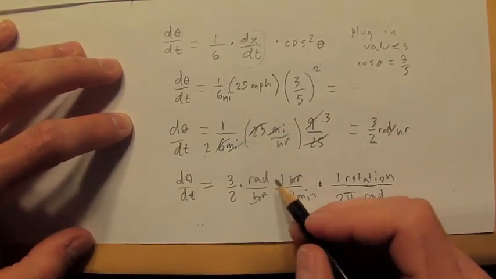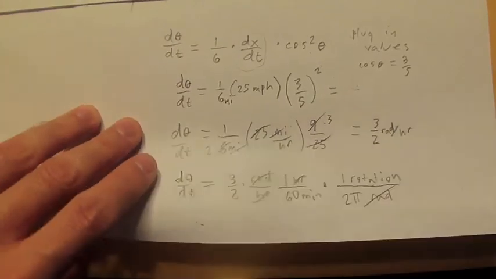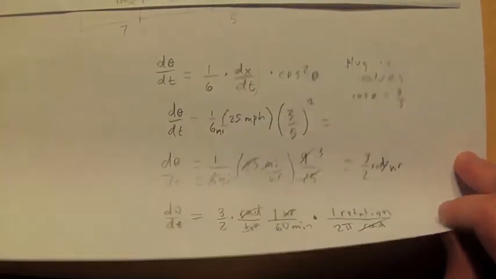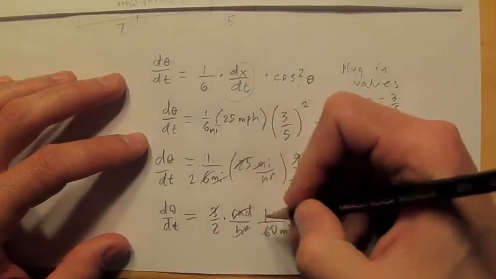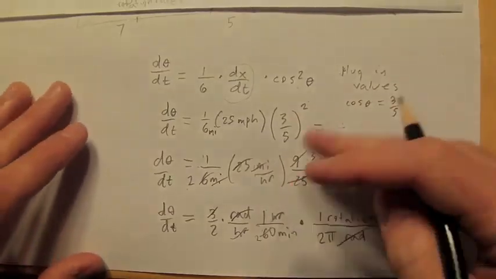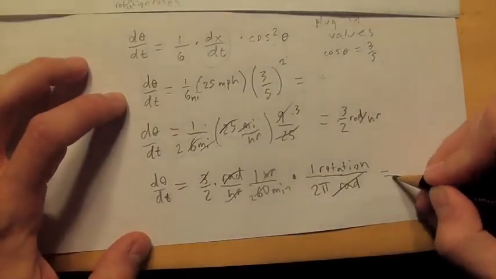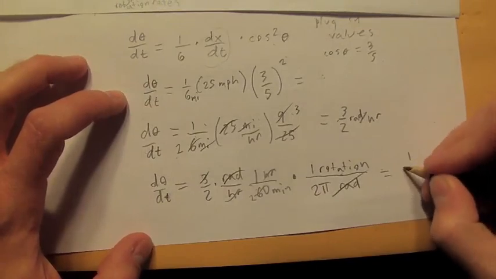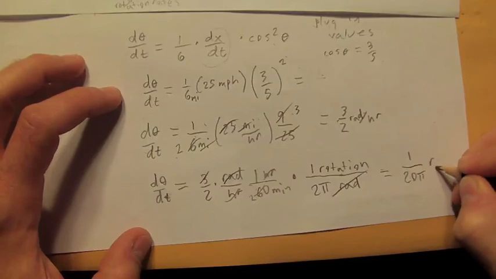Okay, so the rads cancel, and I'm left with rotations per minute, which will be RPM. So basically the 3 will cancel with the 60 and leave a 20. So I basically have 1 over 80π RPM.